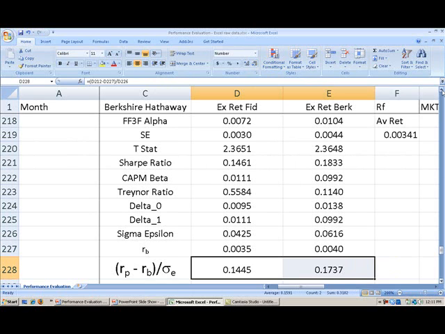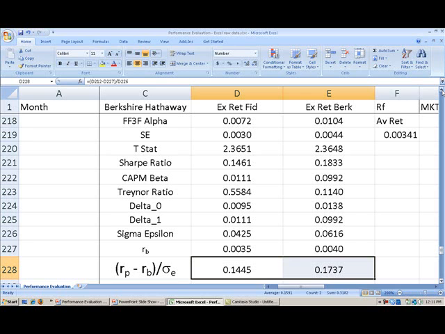Which fund is doing better then? It's pretty hard to say. The alphas tend to be higher for Berkshire Hathaway, but we know that we can't compare funds based on their alphas. We just know there's evidence that both earn significantly abnormal returns. The Sharpe ratio is higher for Berkshire, slightly, but the Treynor ratio is higher for Fidelity.